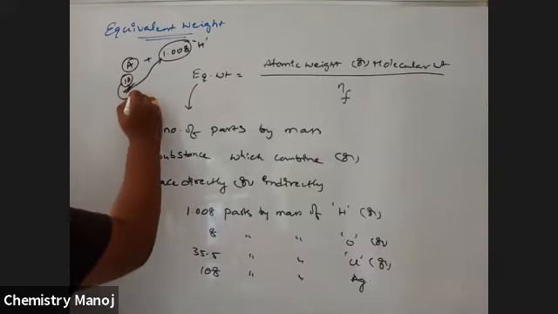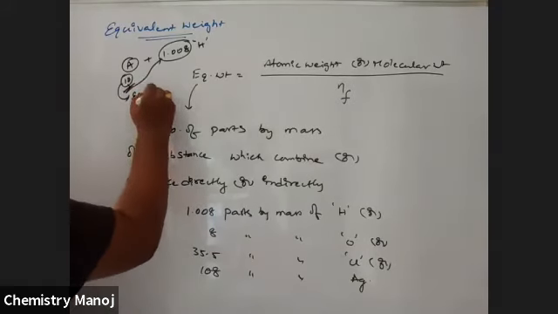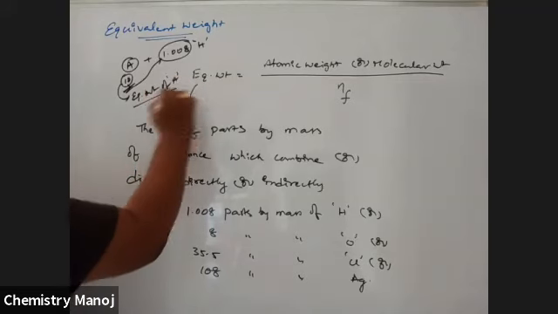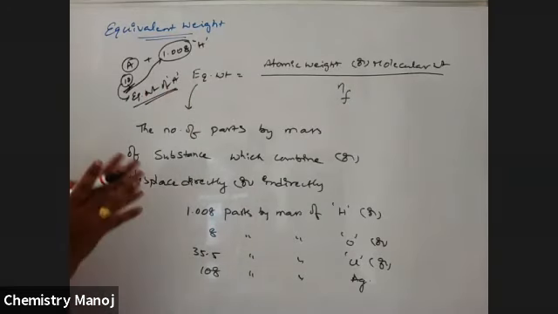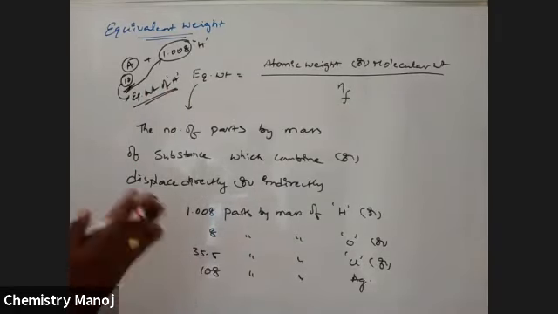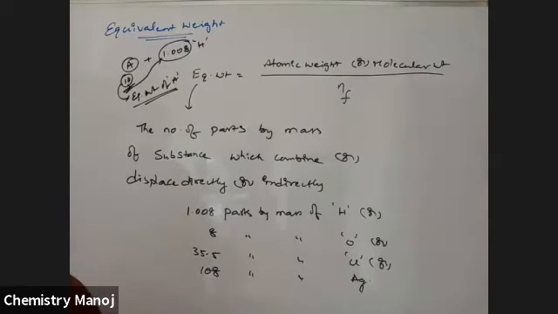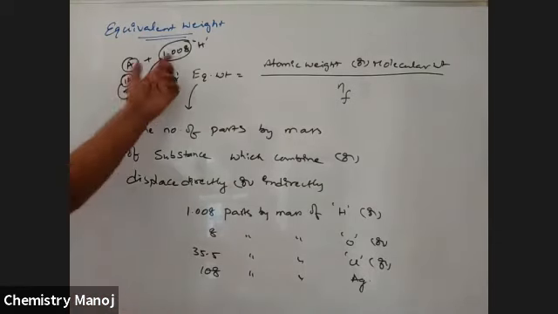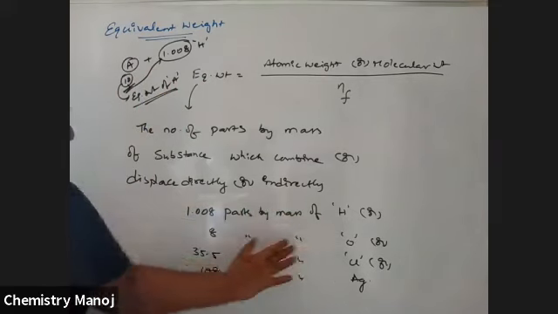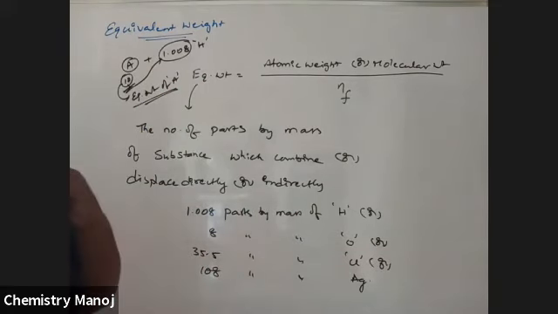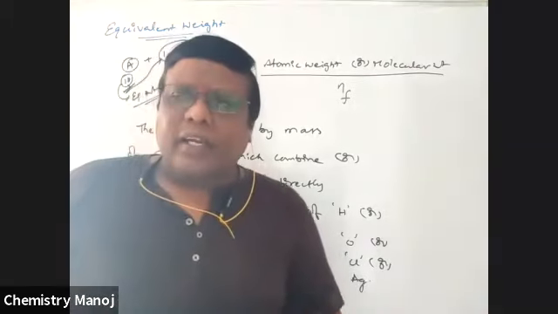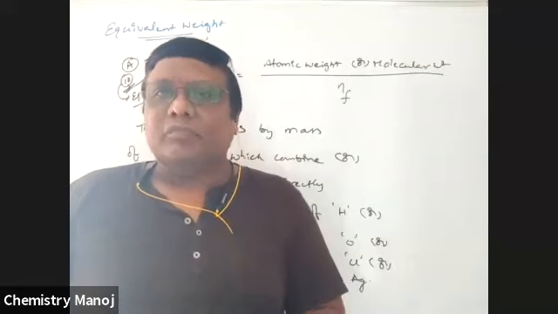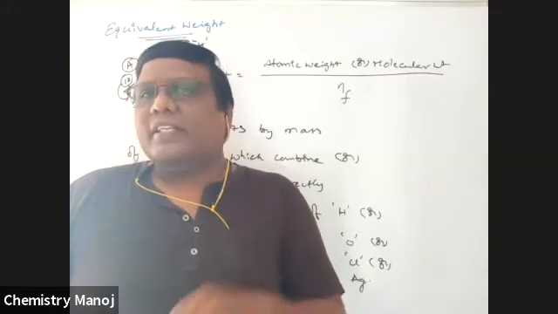This 10 grams is nothing but the equivalent weight of A. Equivalent weight is nothing but how many parts of that element combine with or react with or displace 1 part of hydrogen, or 8 parts of oxygen, or 35.5 parts of chlorine, or 108 parts of silver. So I think theoretically there is a little bit of confusion, but calculations are very easy.